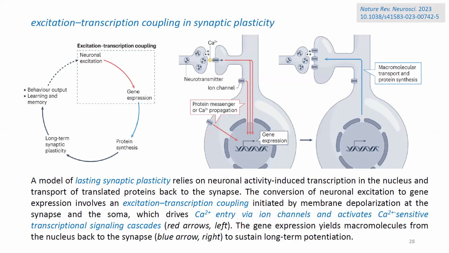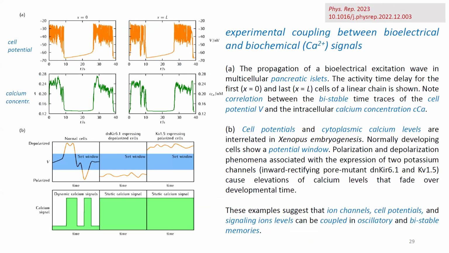Another example is excitation transcription in synaptic plasticity, where calcium channels are also important, and in particular, the calcium entry to ion channels activates calcium-sensitive transcriptional signaling cascades, always downstream. And in these cases, we usually observe bistable cell membrane potentials.